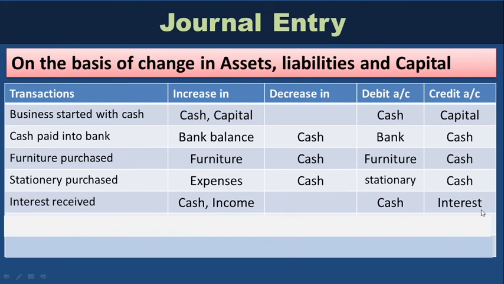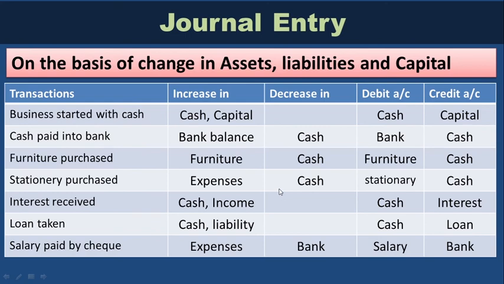So interest is credited here. The next one, loan taken. When the loan is taken, the cash increases in the business and liability also increases. When cash is increased, cash is debited here. As the liability increases, loan is credited here by the rule.